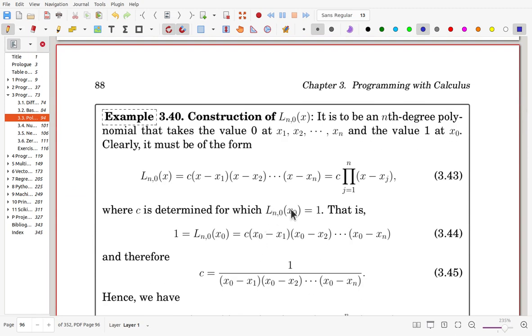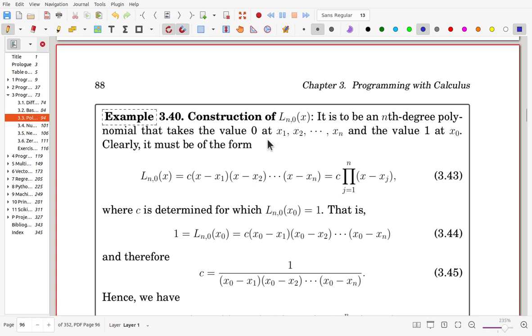Now, we'll see how to construct such cardinal functions. We'll focus on Ln0. There are n plus 1 distinct points, and for the first point x0, we'll try to construct the cardinal function. It must be 1 at x0, but at other points, the value must be 0.